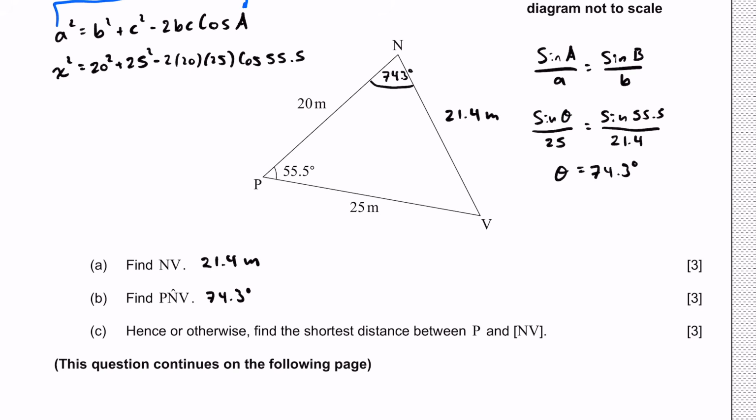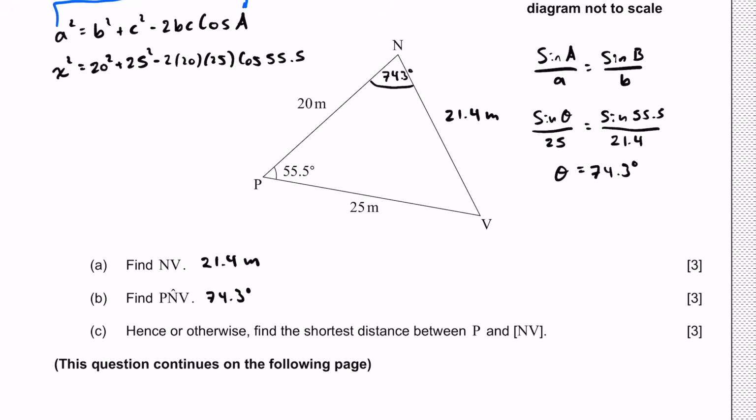So if you were somewhere along this boundary line right here, at what point would you be closest to P? And then what is that distance? So you can just imagine you are somewhere along this line. By intuition, it looks something like this. This might be the closest.